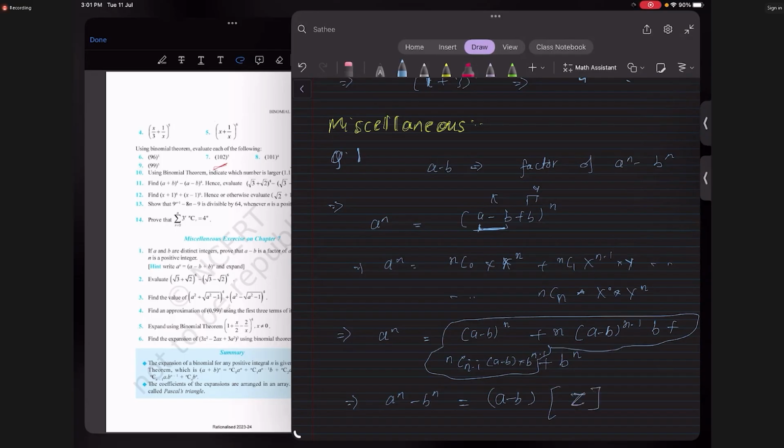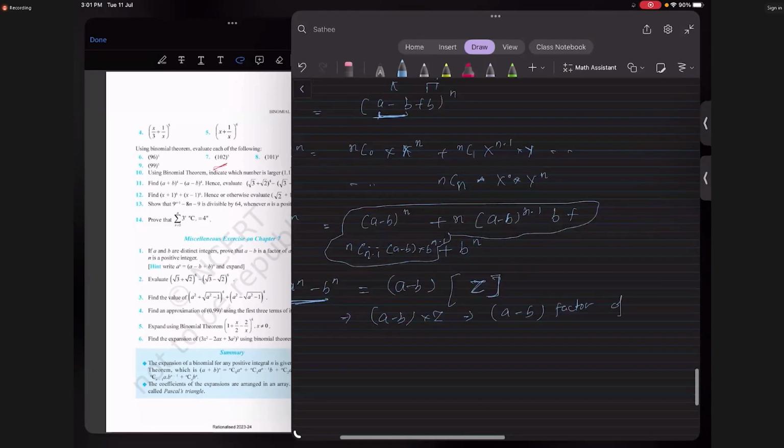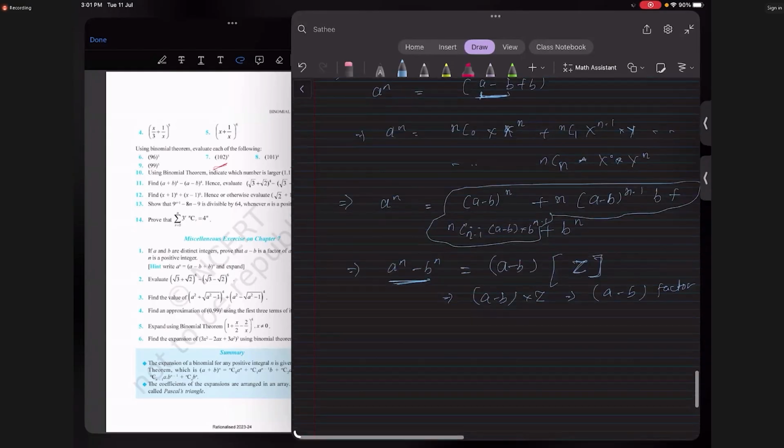So you can say that a to the power n minus b to the power n can be written as (a minus b) into z. So a minus b is a factor of a to the power n minus b to the power n. So this was the simple proof for this part.